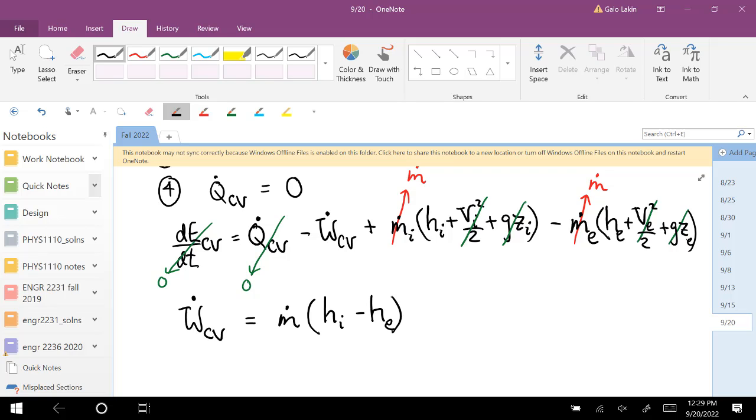And with our sort of odd sign convention, that means that this is going to be positive. And the pressure is higher at the inlet than the outlet, and so the enthalpy is higher at the inlet than the outlet. And so both of these two sides are going to be positive.